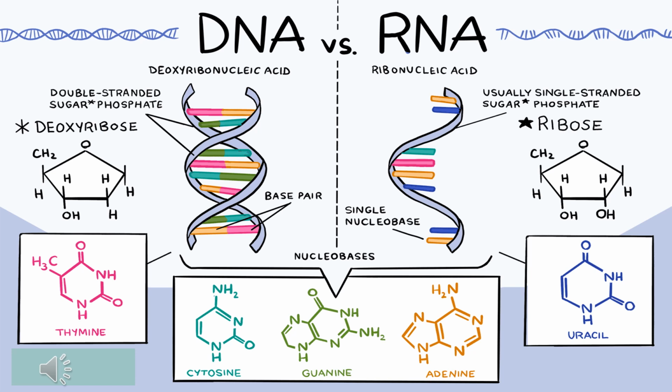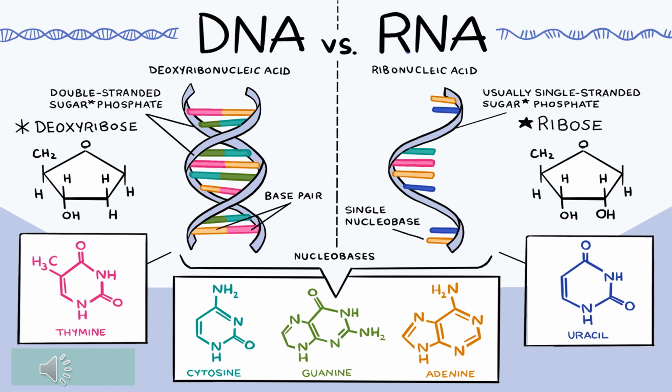And what is complementary base pairing? This means that these bases are very specific in nature. Thymine will only make a bond with adenine, and adenine will only make a bond with thymine. Similarly, cytosine will make a bond with guanine, and guanine will make a bond with cytosine.